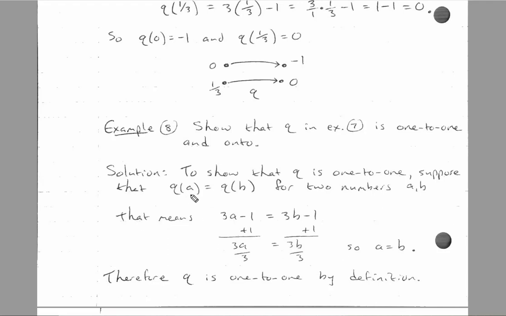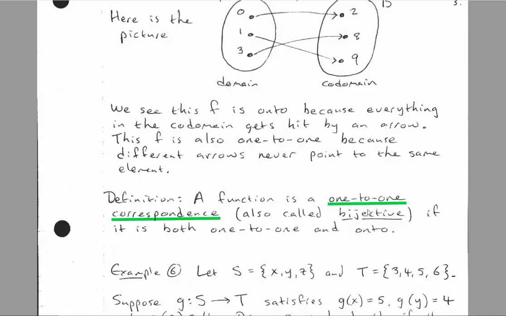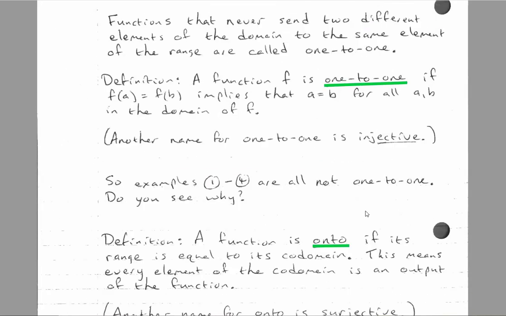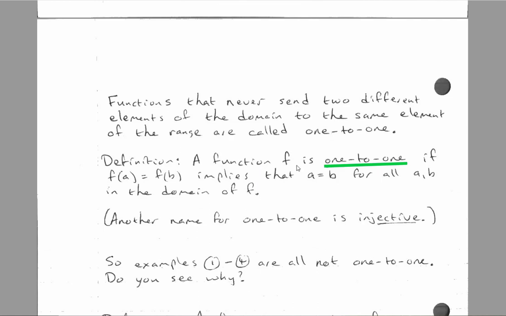All right, so if two numbers get sent to the same place, then really they had to be the same number to begin with. Remember our definition. So function f is 1-to-1 if f of a equals f of b implies that a equals b.